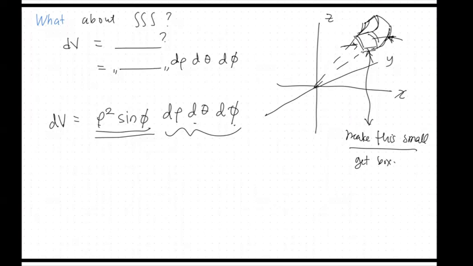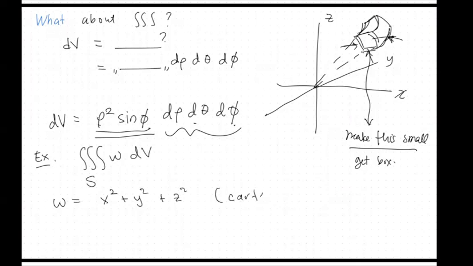Now let's look at an example. We already know the equation of the sphere and the equation of the cone. So here we will integrate the triple integral over S of w dv, where w is given by x squared plus y squared plus z squared. This is in Cartesian.